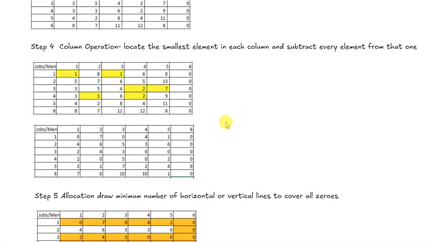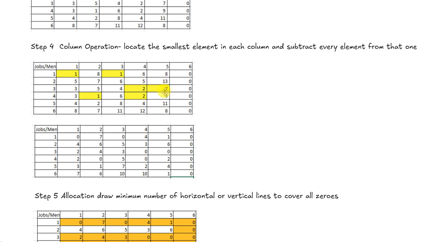Proceed to step 4. Step 4 is called a column operation, where you repeat the same exercise but from the perspective of a column. Look at every column and identify the smallest number in that column. So in column 1, 1 is the smallest number. In column 2, 1 is the smallest number, and so on.